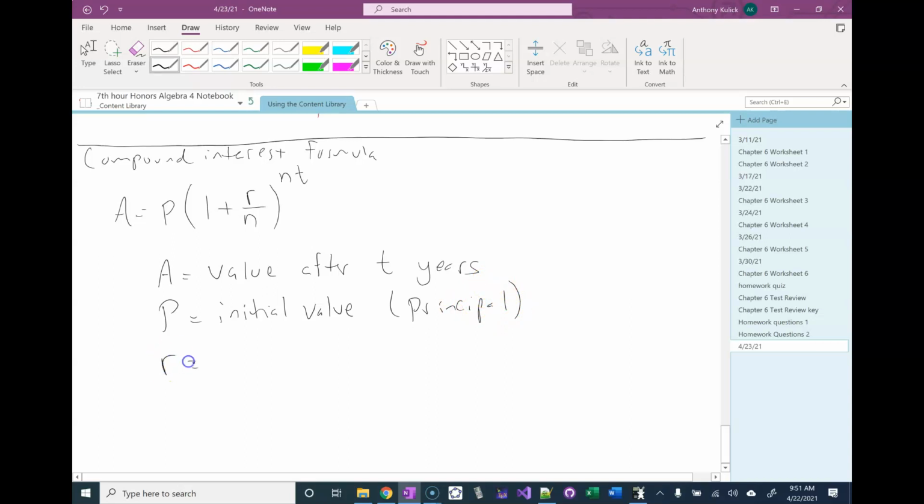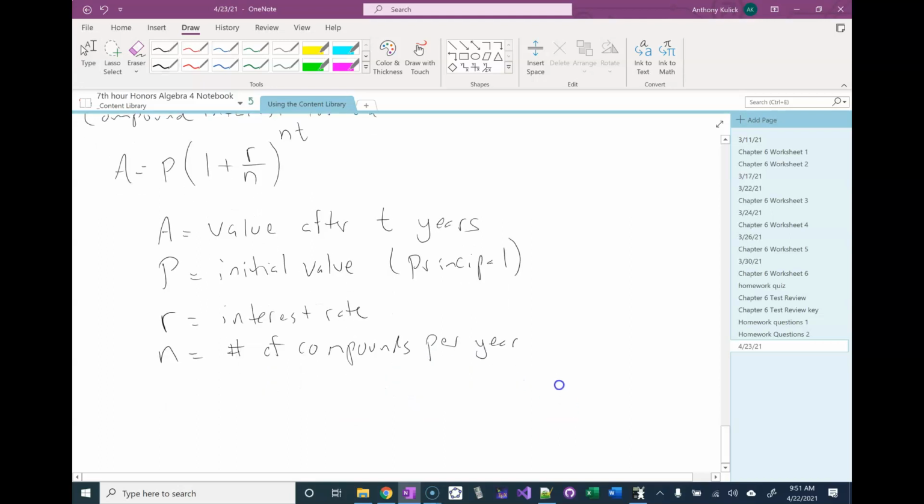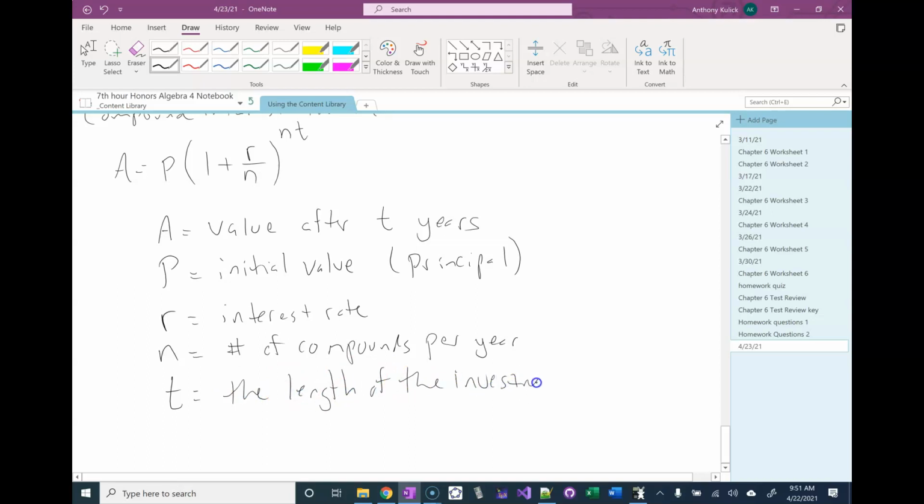Spelling is not my strong suit. R is the interest rate, written as a decimal again. These rates always need to be written as a decimal. N is the number of compounds per year. And T is the length of the investment, so how long has that money been in the bank?